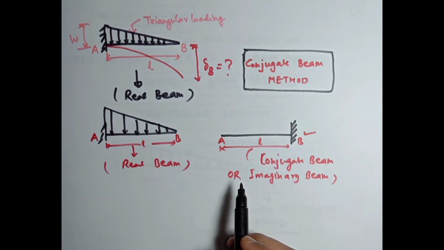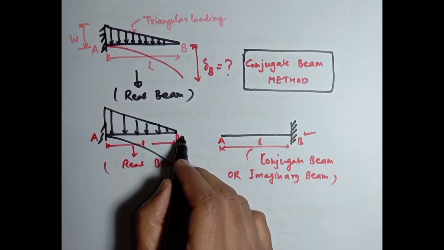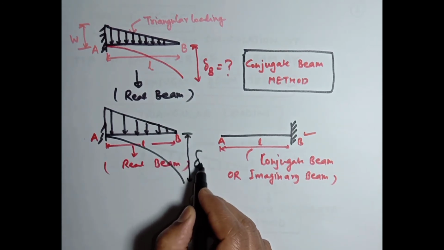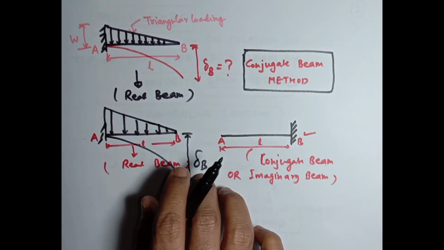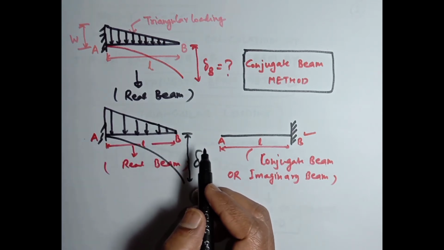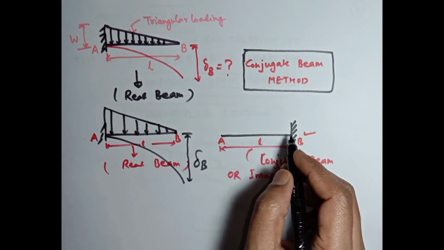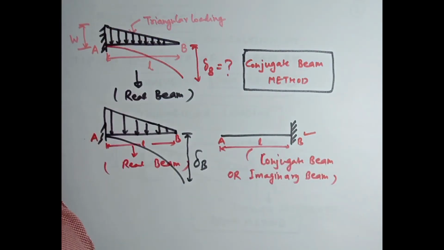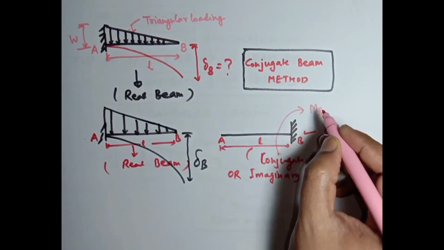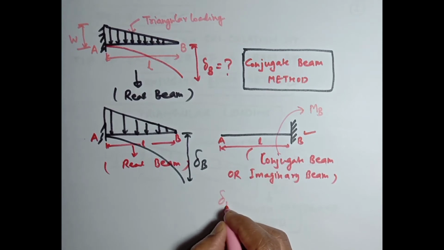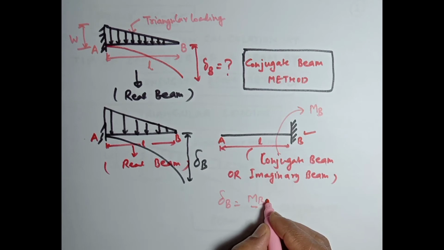And as per the statement of the conjugate beam method, the deflection in the real beam, delta B at point B, will be the same as the bending moment at point B of this conjugate beam. If we are able to find the bending moment at point B of this conjugate beam, delta B will be MB, where MB is the bending moment.